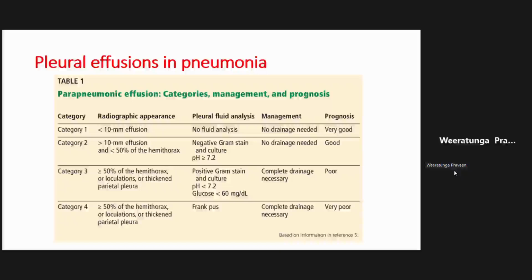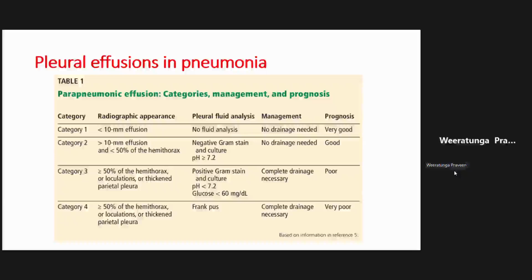On ultrasound you can see the septation and thickened pleura. You take the sample out, immediately you can do a pH, and the pH will be less than 7.2, and the glucose level will be less than 60, because the organisms are using the glucose to multiply, and they create a very acidic environment inside. So the glucose is less than 60 and the pH is less than 7.2.